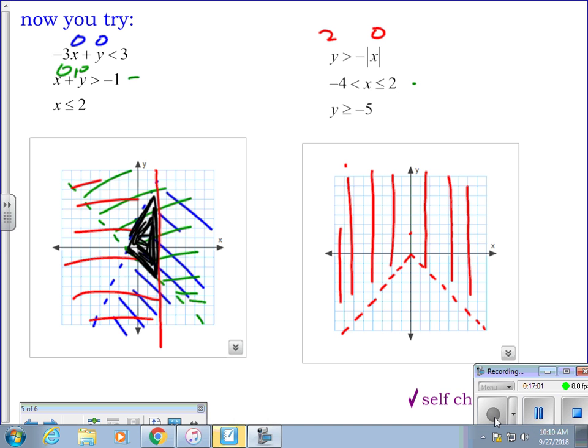Do the next one. X is between 2 and -4. 1, 2, 3, 4. 4 is dashed. 2 is solid. And I want everywhere in between. So right now I'm looking kind of like that wedge shape, depending upon what the last one is. And the last one, y is greater than or equal to -5. 1, 2, 3, 4, 5.